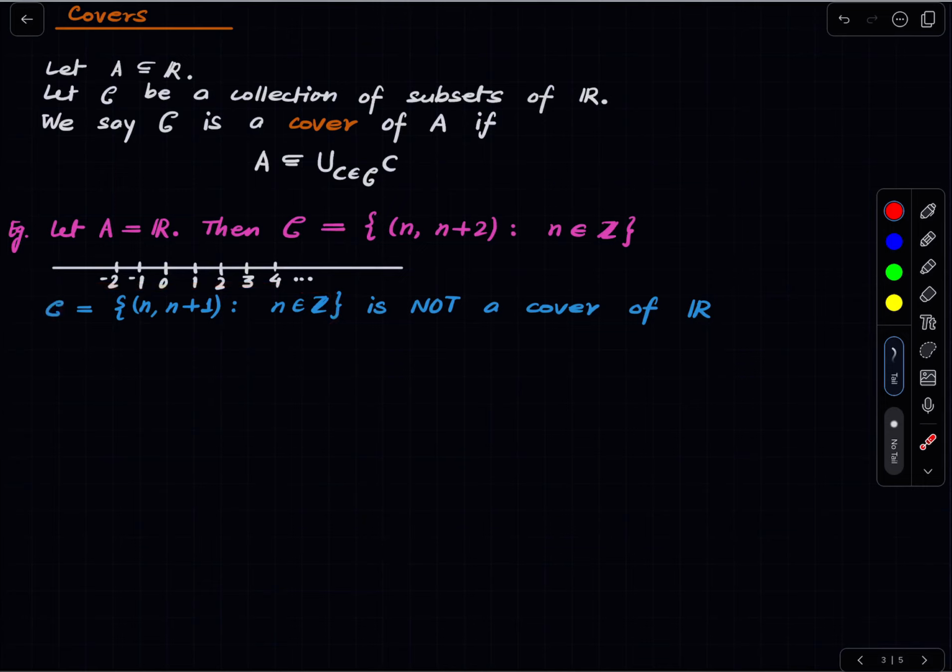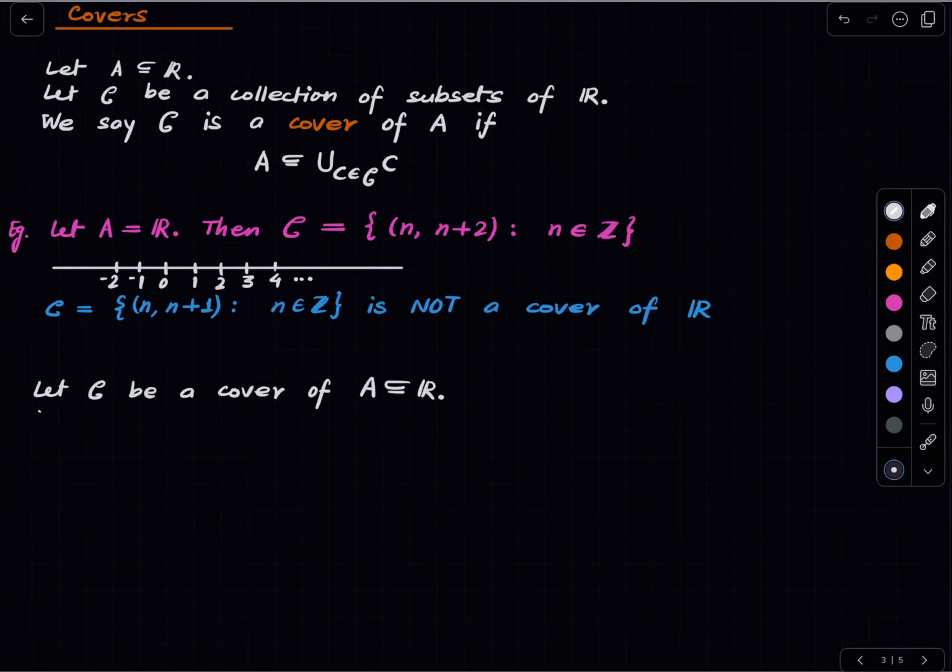Okay. Now we can define what is an open cover. So fix a cover of something. So this will be a cover of a subset A of R.